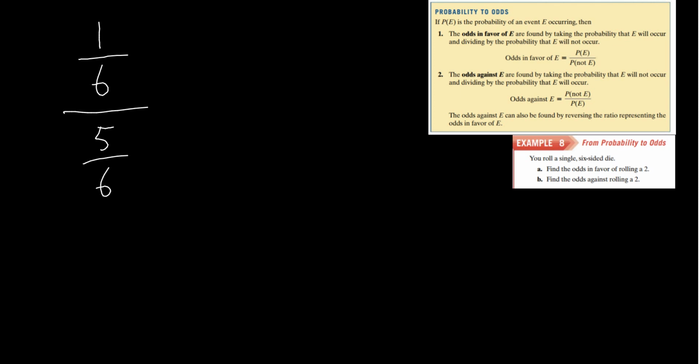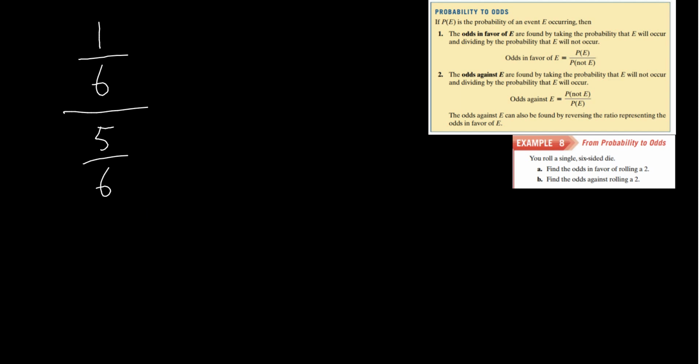Real quickly, this probably looks intimidating. It looks ridiculous. It is something that even my calculus students say, I don't like fractions over fractions. I hate fractions, and I especially hate fractions over a fraction.